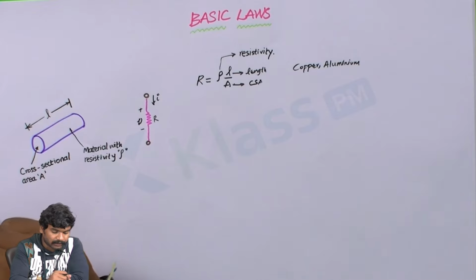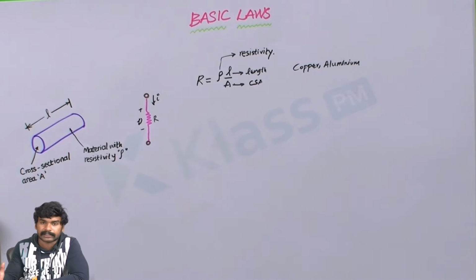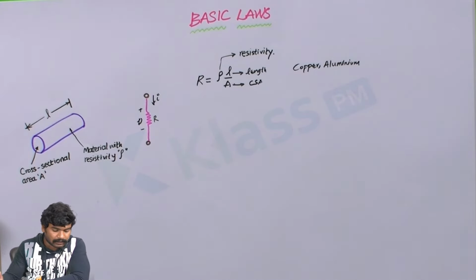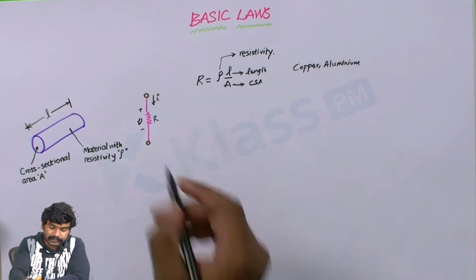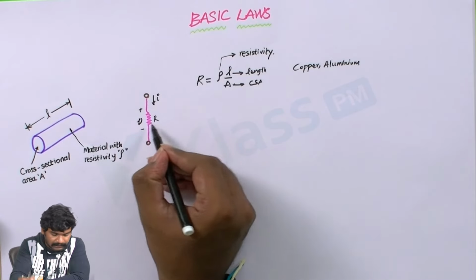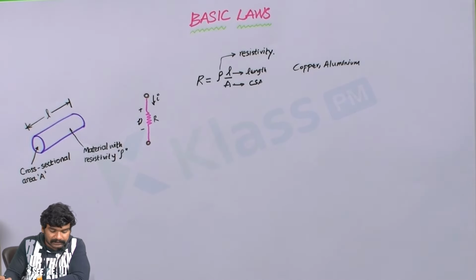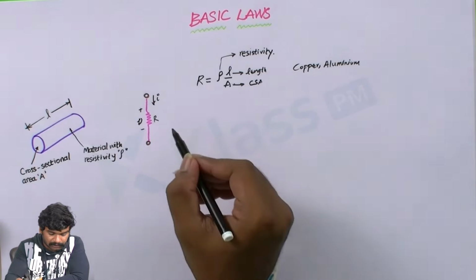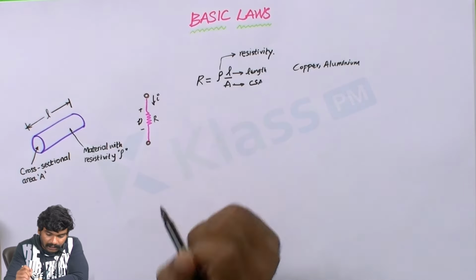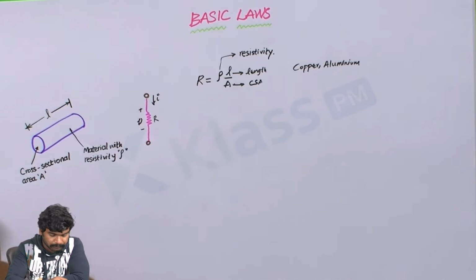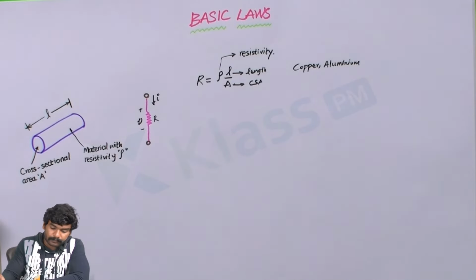The circuit element used to model this current resisting behavior of a conductor or any engineering material is a resistor, which is denoted by this zigzag line symbol. For constructing circuits, resistors are usually made up of metallic alloys and carbon compounds. And this is the circuit symbol of a resistor.